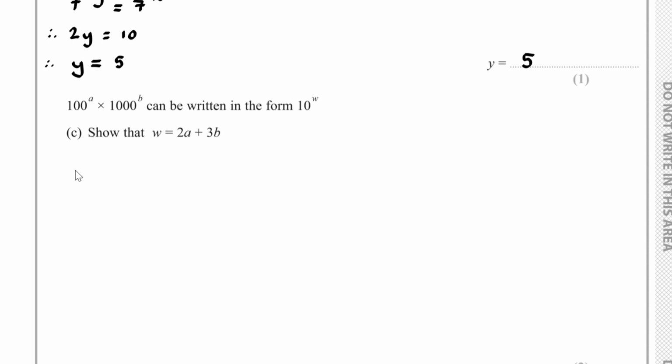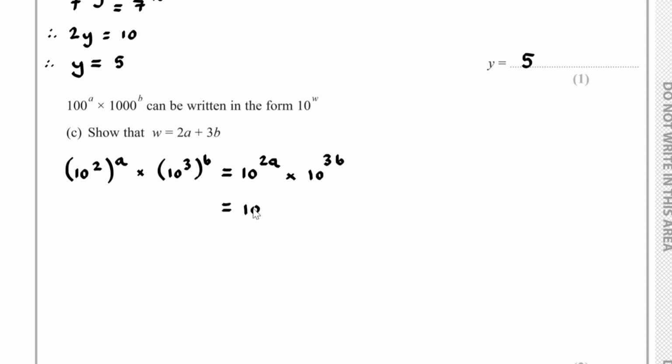Well, 100 is the same as 10 squared. So I've got 10 squared to the a, and then 1000, that's 10 cubed, and I'm raising this to the b. So I've got 10 to the power of 2a times 10 to the power of 3b.